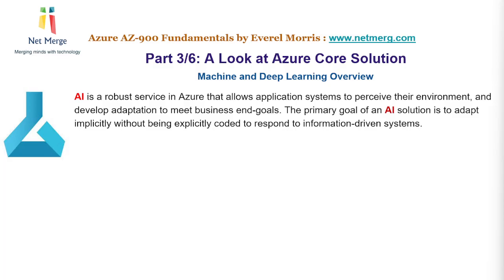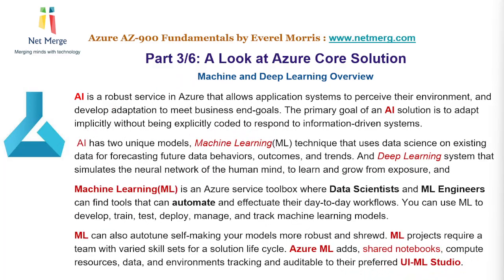The primary goal of an AI solution is to adapt implicitly without being explicitly coded to respond to an information driven system. So what that is saying is you need a system that could adapt systematically to a changing environment without you explicitly writing code and instructions telling it what to do, which is what a developer normally does. So machine learning is supposed to grow and adapt to automation as it learns and matures.